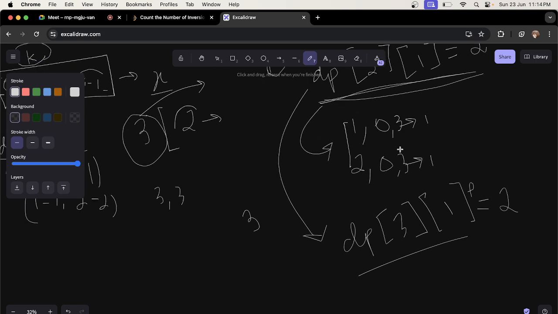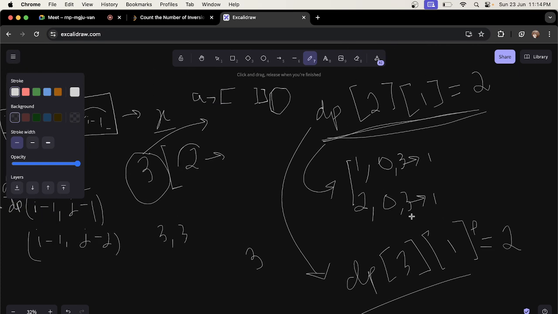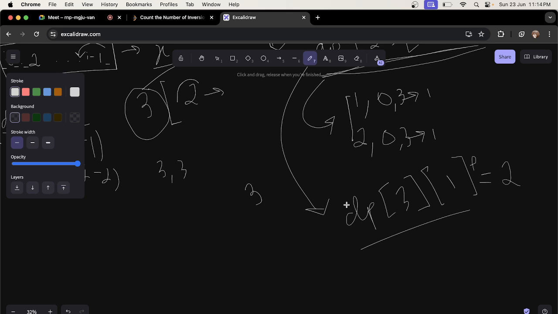Now let's say I don't add it at the end, and instead add it between 1 and 0. The inversion count will go up by 1, right? So it will now look like 1 3 0 and 2 3 0. Now the inversion count is 2, right?